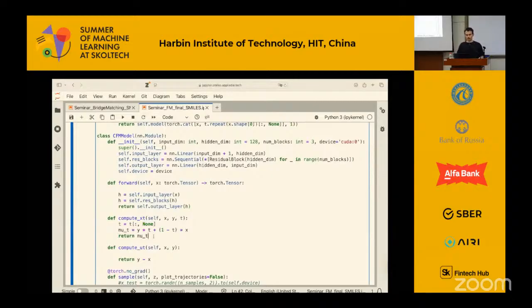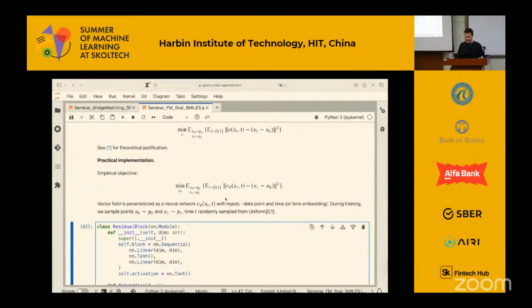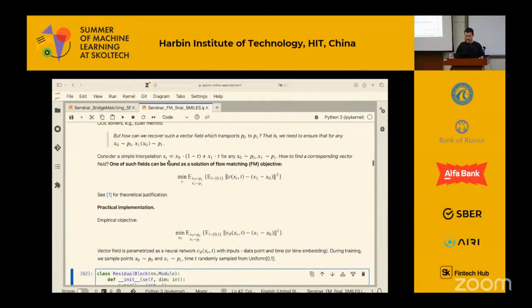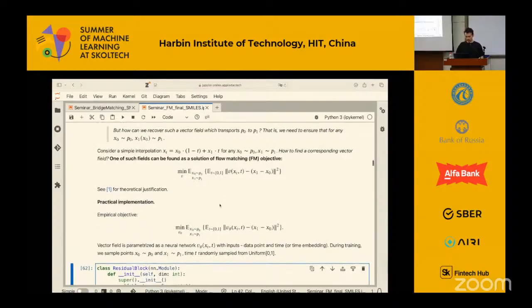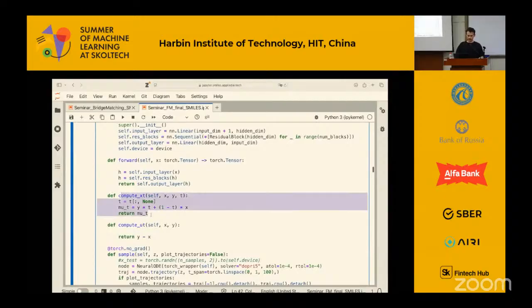So for solving our regression problem, let's recap once again what we need: samples from P0, samples from P1, and linear interpolation, which is defined as follows. Okay, let's define linear interpolation. Call this function compute_xt. Here x is basically x0 and y is basically x1.